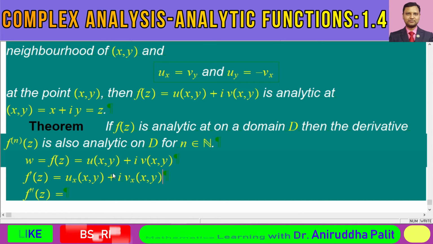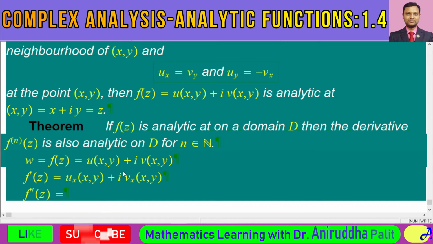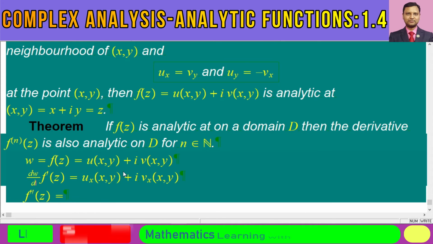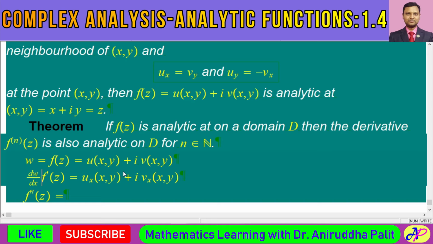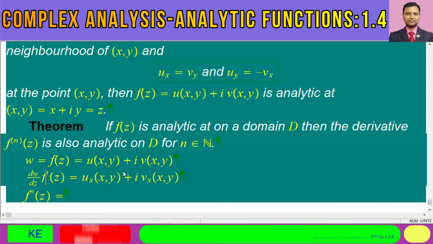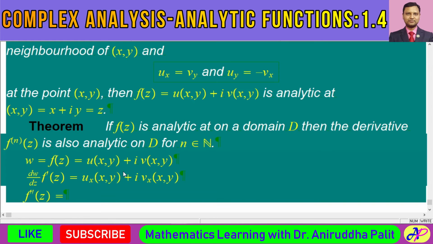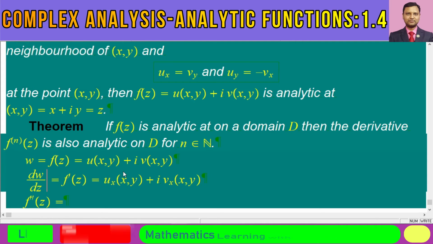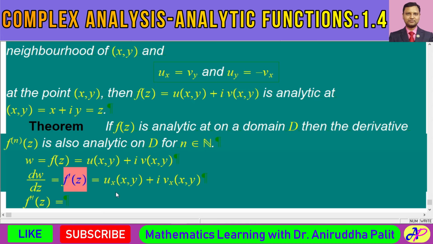Then what is this f dash z? This f dash z is equal to dw dz.